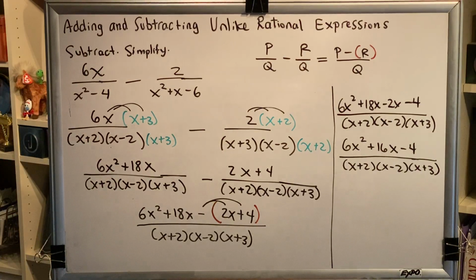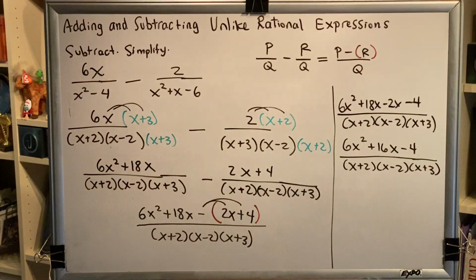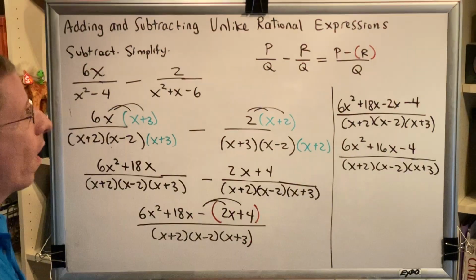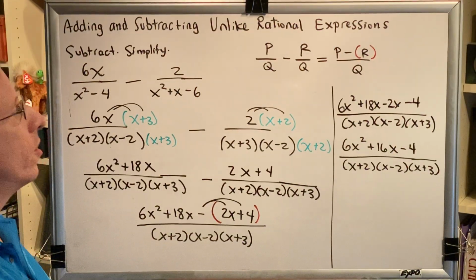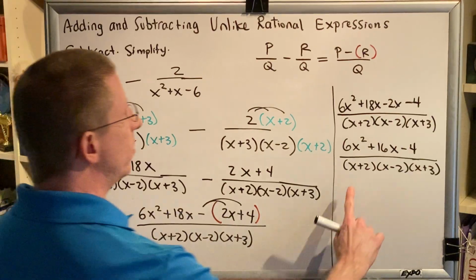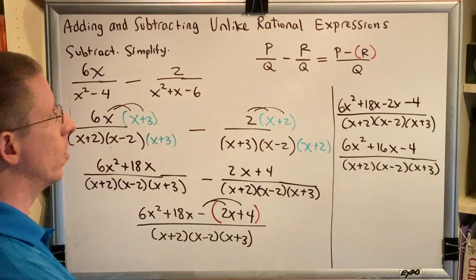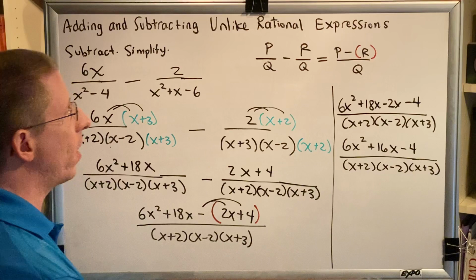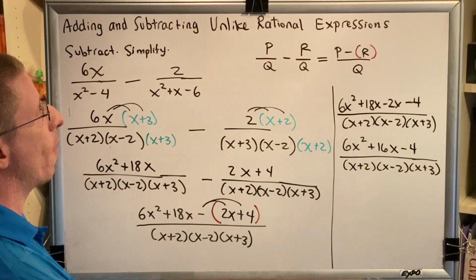Now that we've combined our fractions into one, we have to check to see if this can be simplified. The first step of simplifying is to factor all numerators and denominators. As you can see, our denominator is already factored, but we need to try and factor the numerator to see if there's anything that can cancel top and bottom.